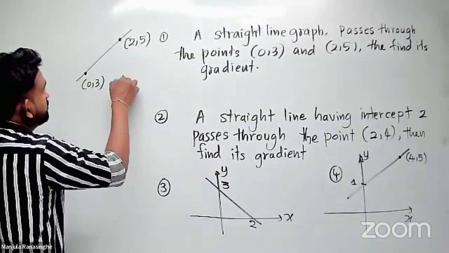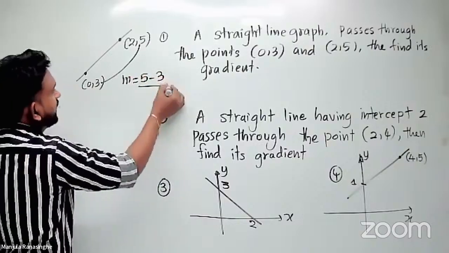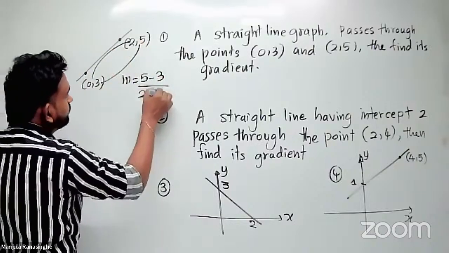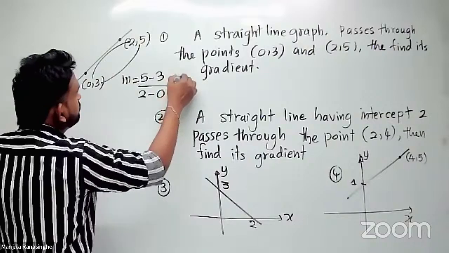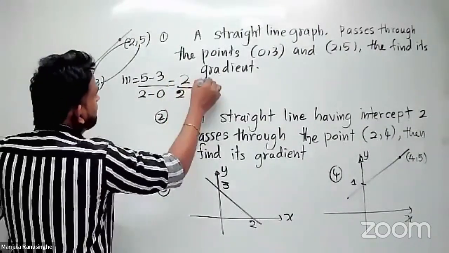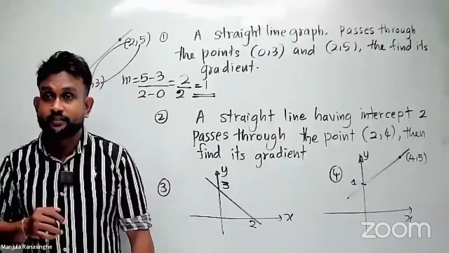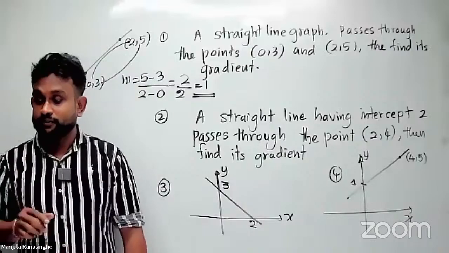M equals 5 subtract 3 divided by 2 subtract 0. So 5 subtract 3 means 2, 2 subtract 0 also means 2. Then 2 divided by 2, what is the answer? Gradient is 1. Hands up those who got the answer.